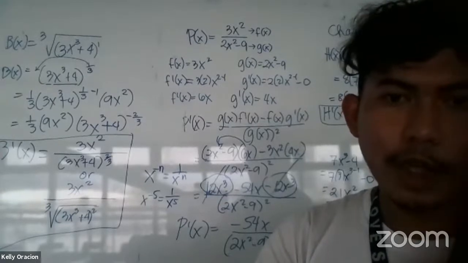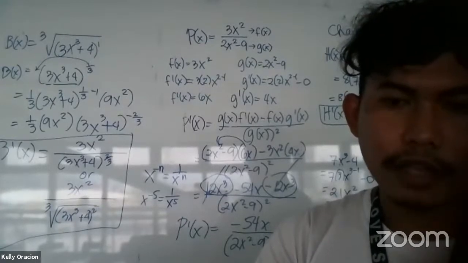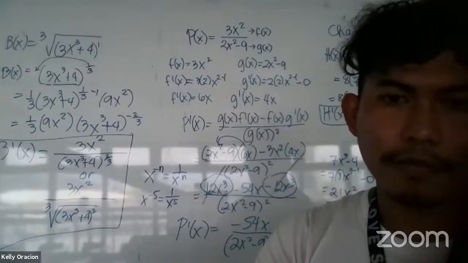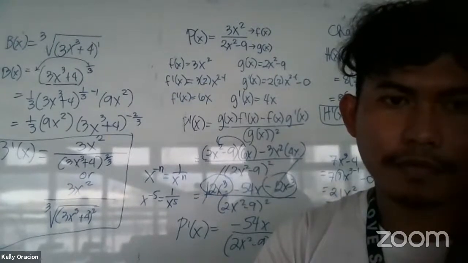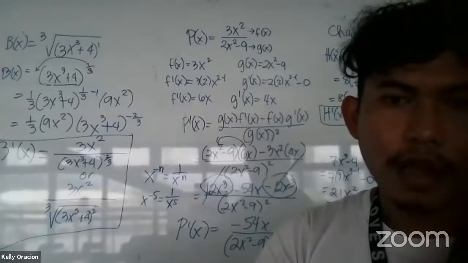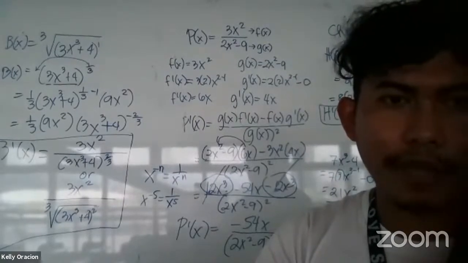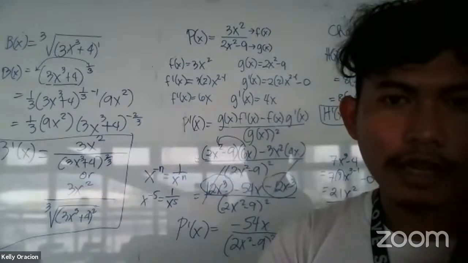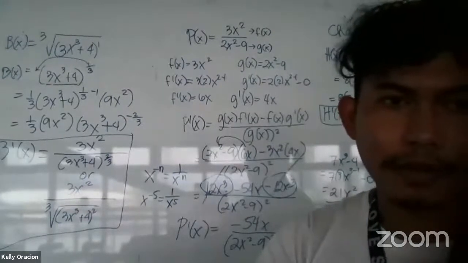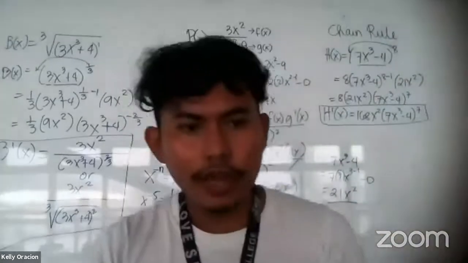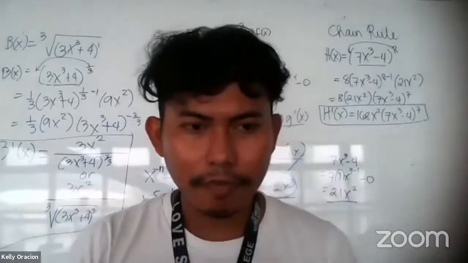So there are 10 groups, 10 members per group. Okay, ako lang ipakita una ang groupings, then the problems pagkahuman. So let's have the group 1.